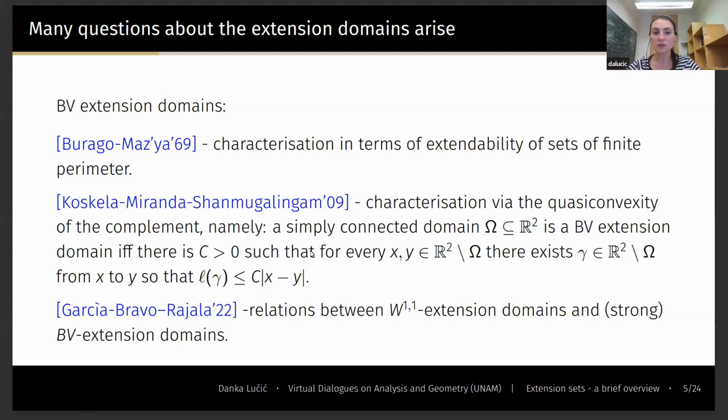Quasi-convex means that there is a constant such that any two points in the complement can be connected by a curve going from x to y whose length is again controlled by the constant times the distance between the two points. And finally, García-Bravo and Rajala studied relations between W^{1,1} extension domains and BV extension domains.